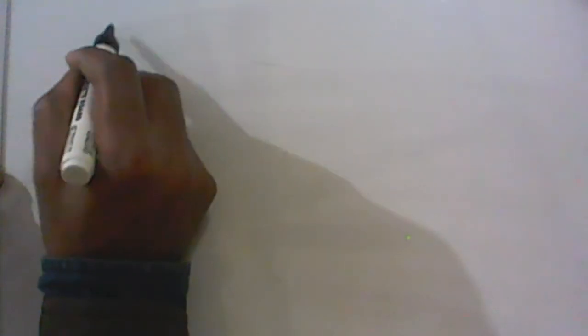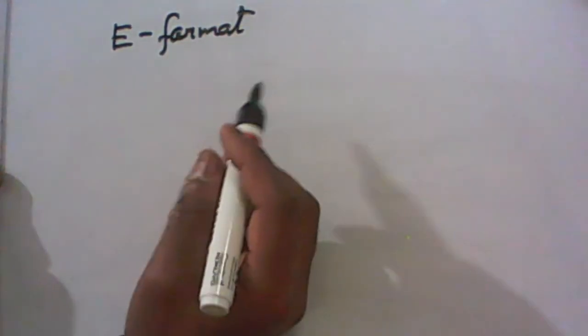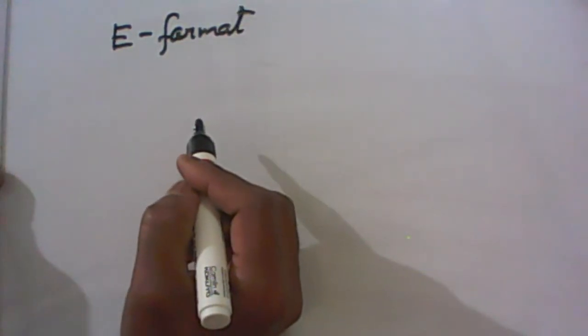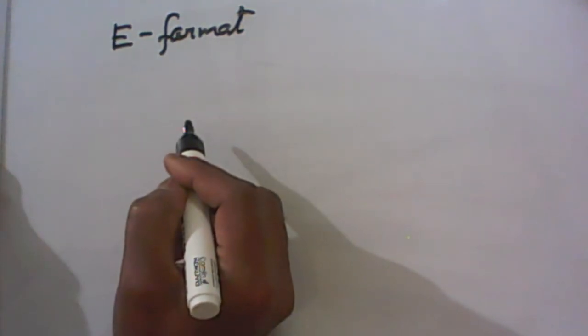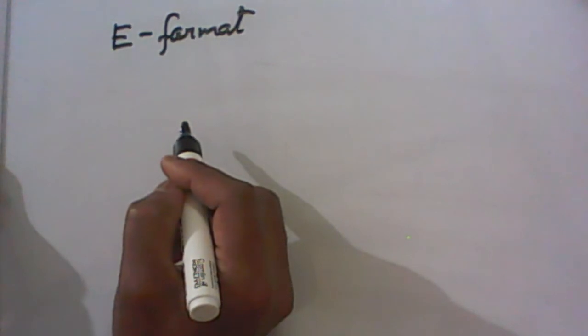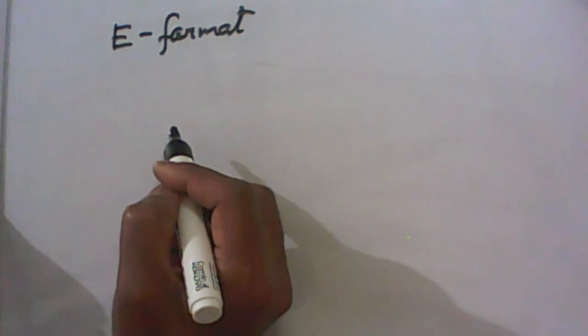The next format that we use is what is known as the E format. E format similarly is used for representing numeric data in the exponential form. In exponential form, you remember in Fortran, we can write a very small number or a very large number in an exponential form.